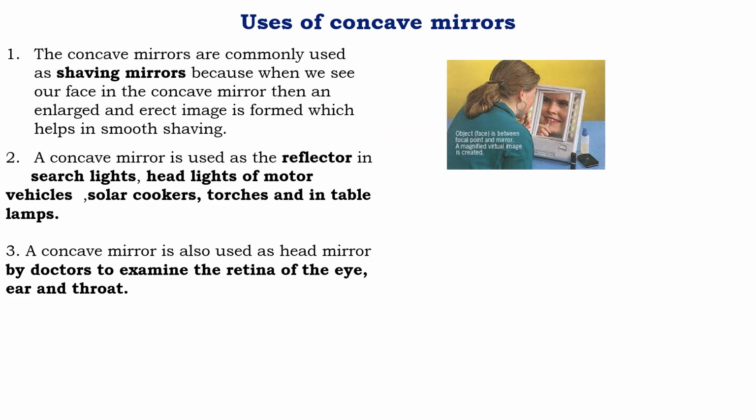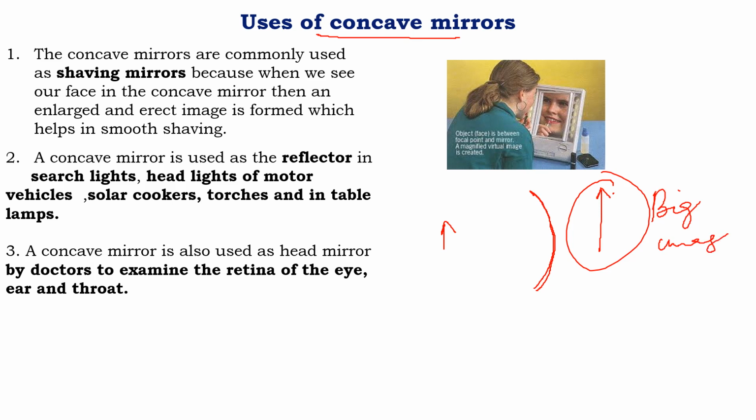So now you have some uses of concave mirror. As you know, concave mirrors are converging mirrors. And for the special case, the last case, they give you an enlarged image on the other side. So when you need a big image, that's how it is used. What are the uses? Concave mirrors are commonly used as shaving mirrors, because you hold the mirror very close to yourself and the image of your face looks bigger.